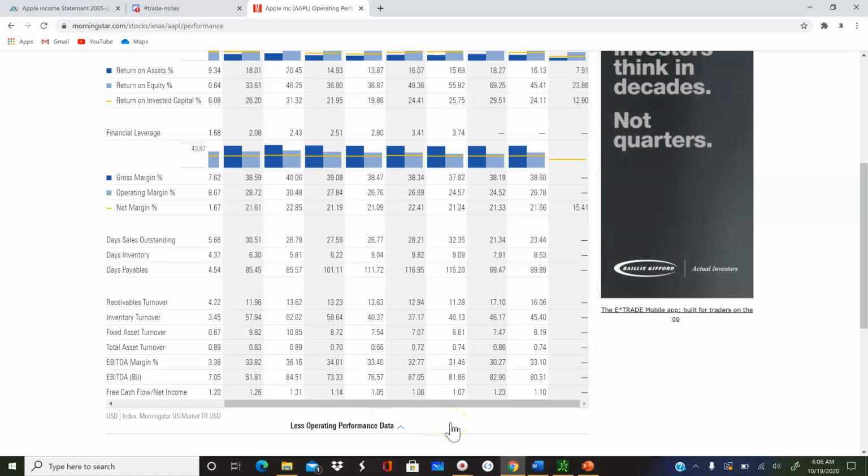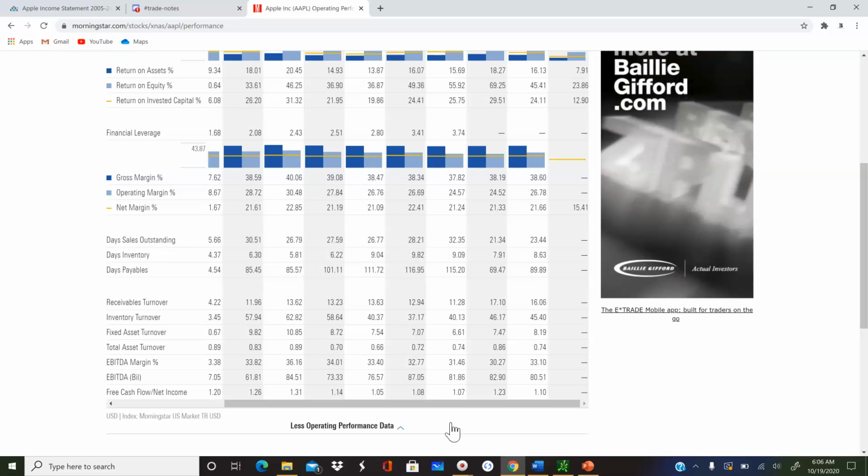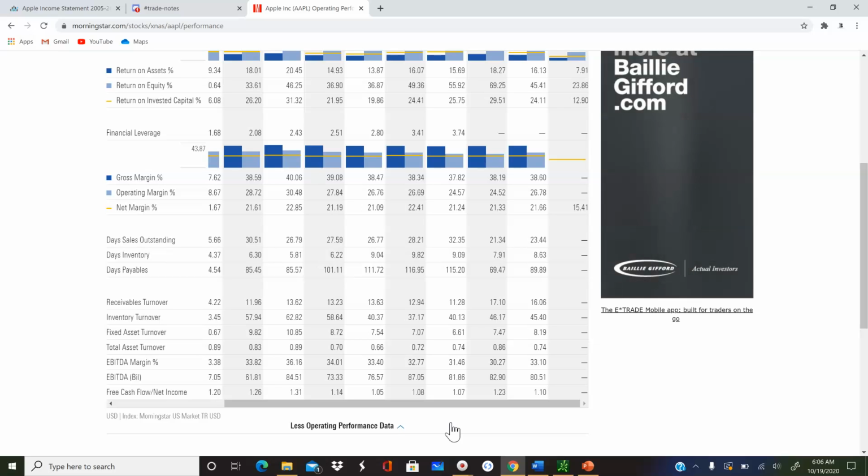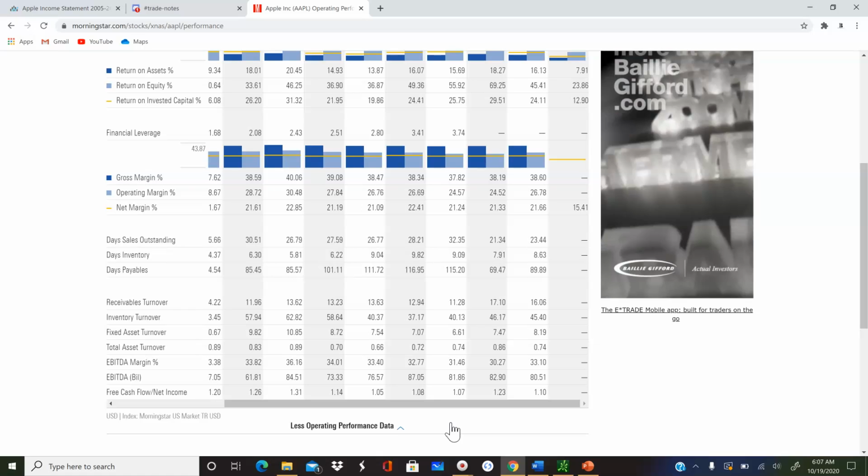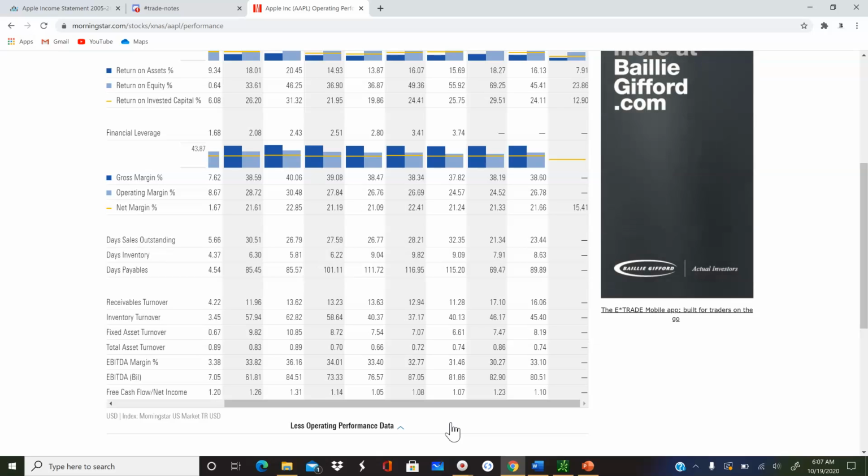I kept getting 6.96, so not super far off, but I'm not sure what exactly Morningstar is factoring into the formula. So we'll just roll with that, anywhere from 6.61 to 6.96. And I used two separate sources for my calculations as well.